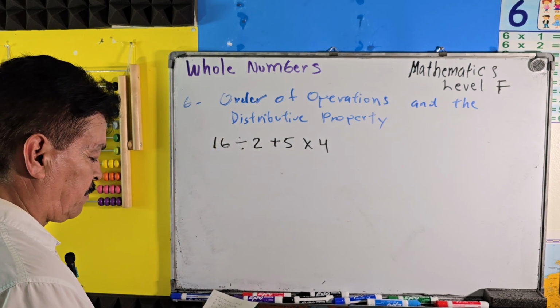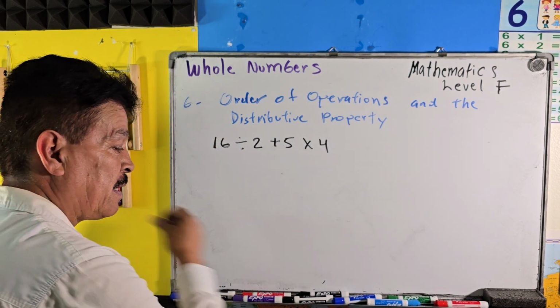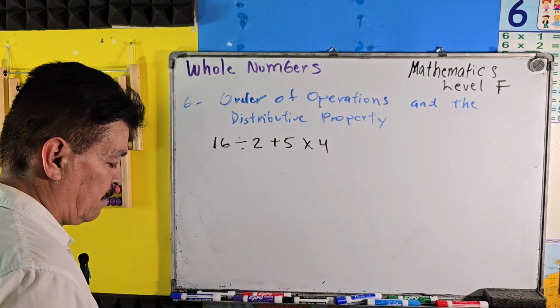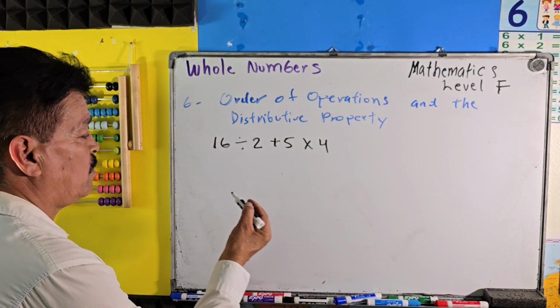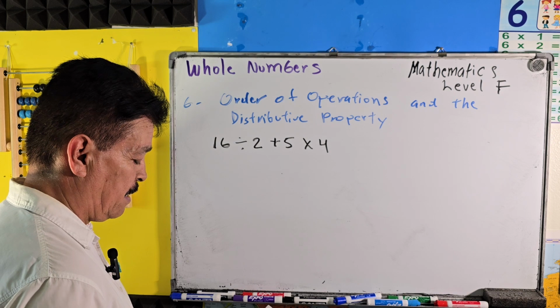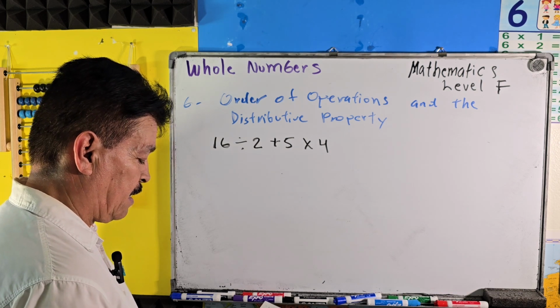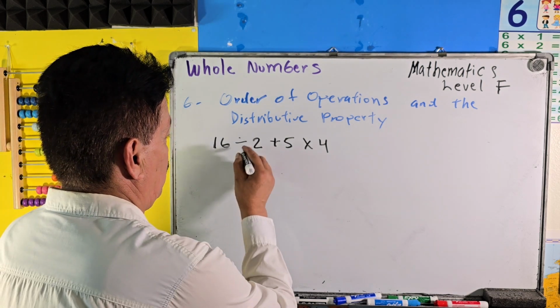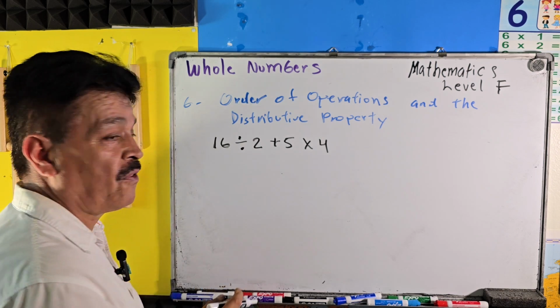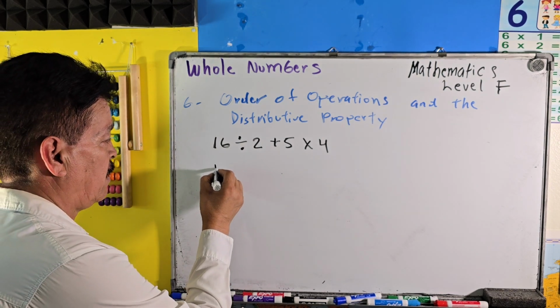So how does this work? First, we have to divide here. Divide, then multiply and add. So divide first.